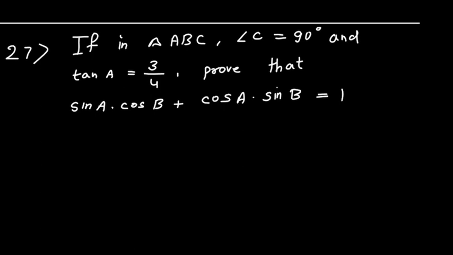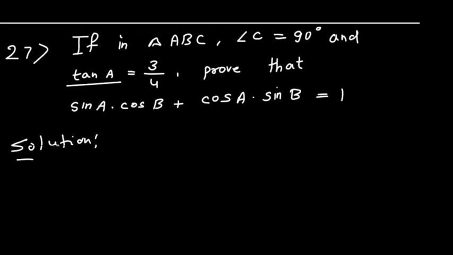Right. Now 27th question. If in triangle ABC angle C is 90 degrees and tan A is 3 by 4, prove that sin A cos B plus cos A sin B is equal to 1. So the value of tan is given and we have to find sin A cos B plus cos A sin B. So what do we do?